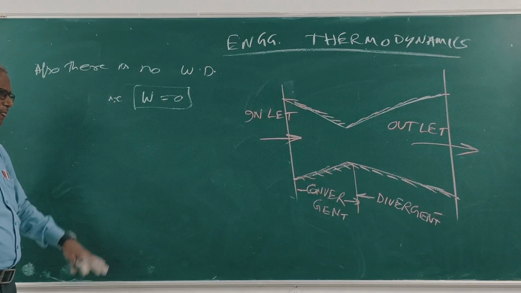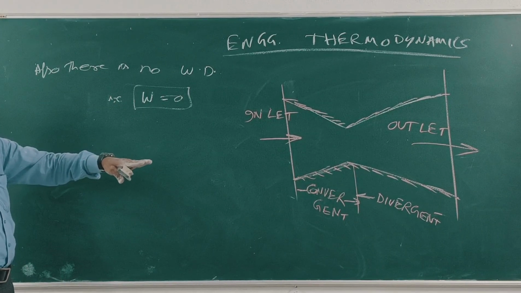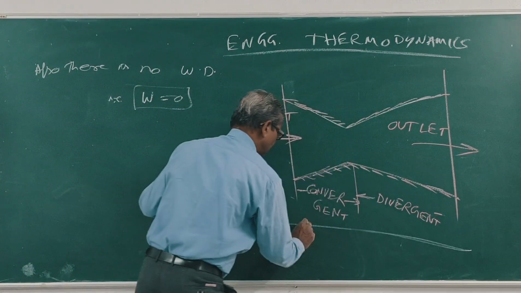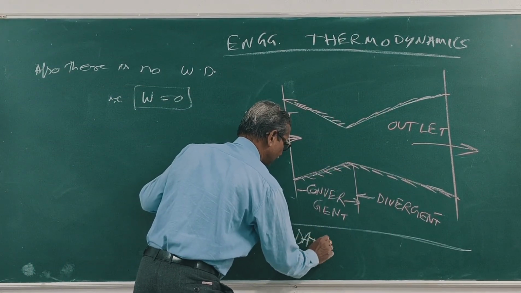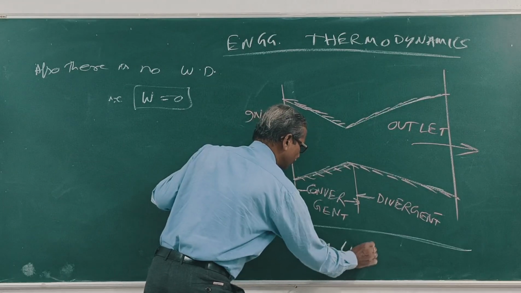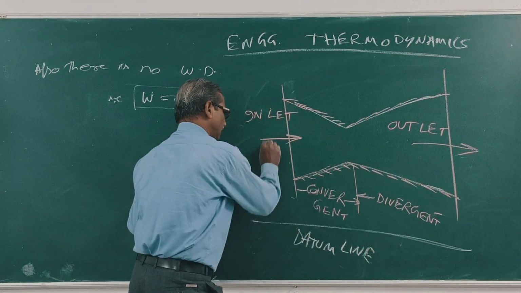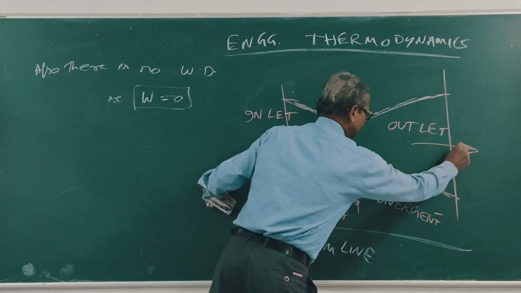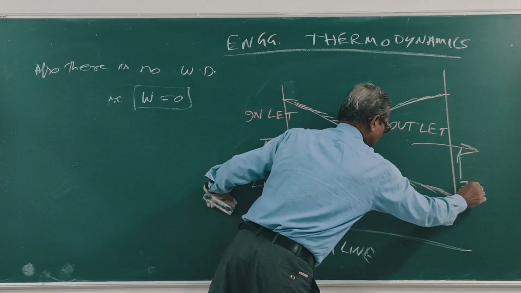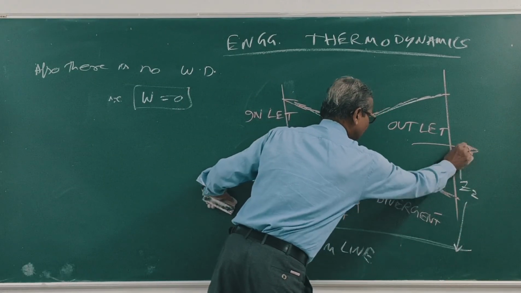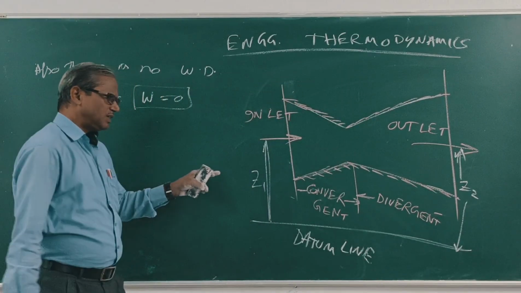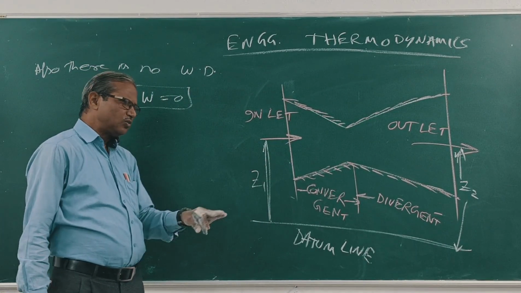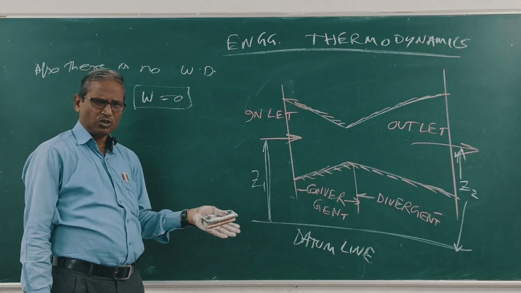Now P. This is horizontal position. Suppose this is the datum line. So this is Z1, this is Z2. Clear? So since Z1 is equal to Z2, P1 is equal to P2, so delta P is equal to 0.